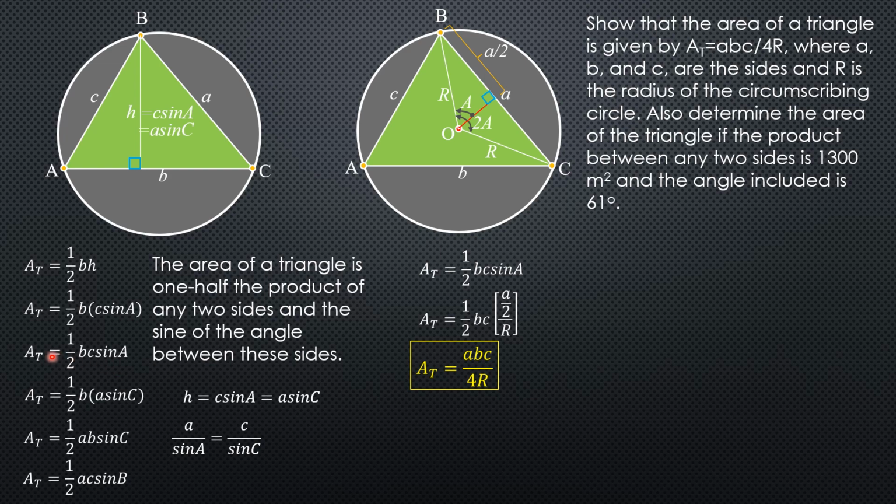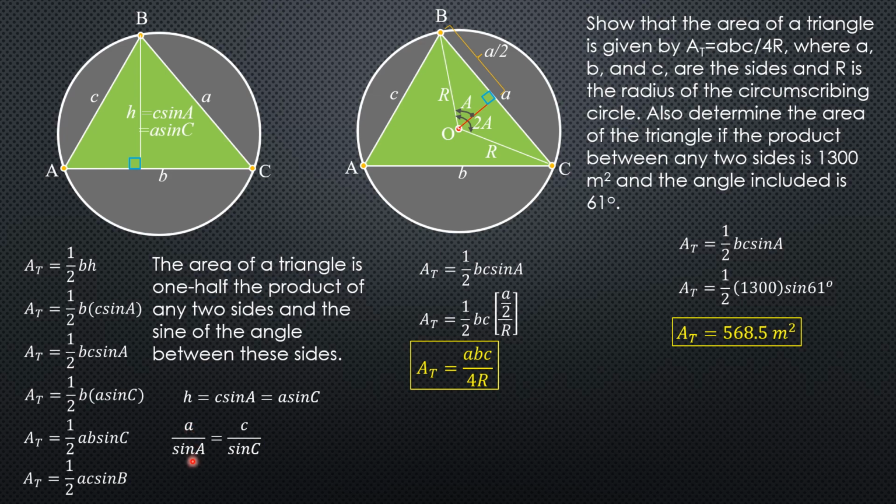Therefore the area of triangle is 1/2 times 1300 times sine of 61 degrees, which is equal to 568.5 square meters.